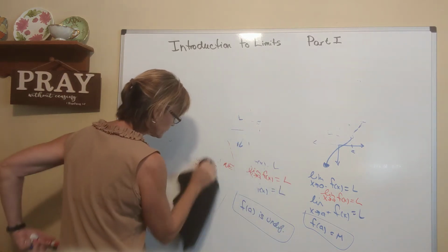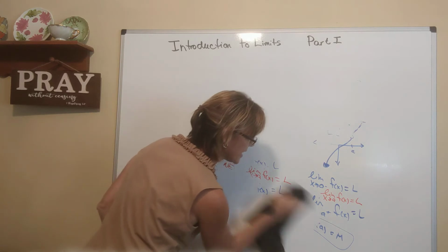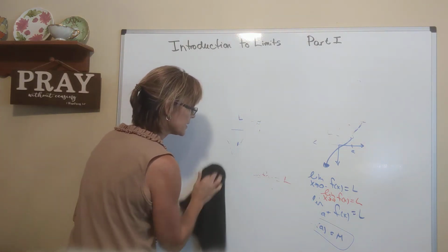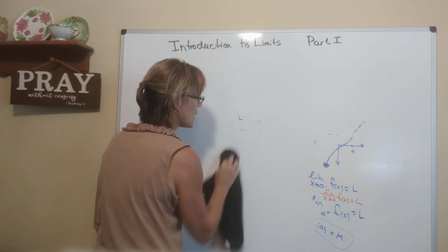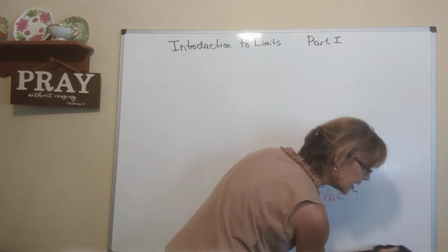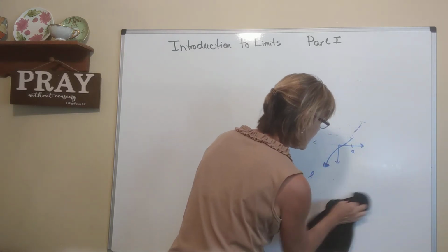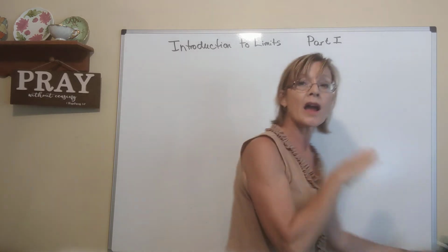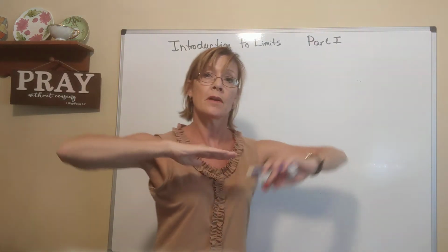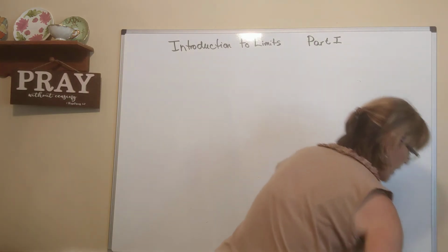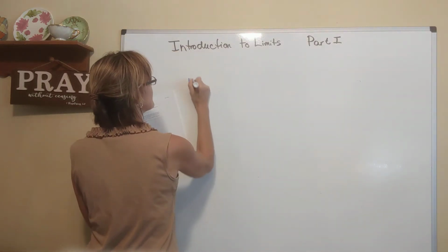A horizontal asymptote says that as x approaches a very big number like infinity, or as x approaches a very big number like negative infinity, then the y value gets very close to the same horizontal line. Horizontal asymptotes are defined like this.